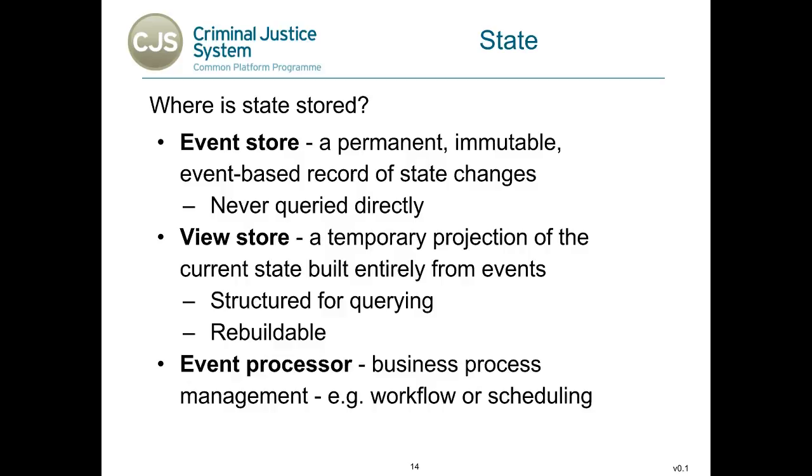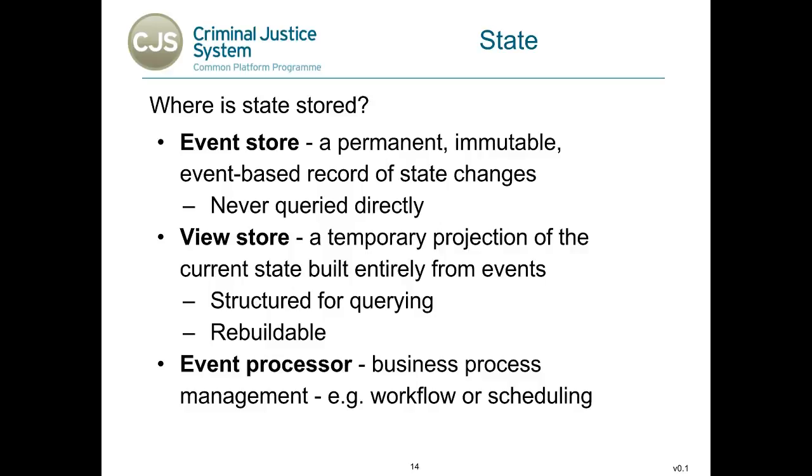The second one is the view store. The view store is a temporary projection of the current state of the system, and it's built entirely from the stream of events that got stored in the event store. It's specifically structured for querying, so it has to be indexed to support that, and the data has to be structured and normalized in a way to support that.